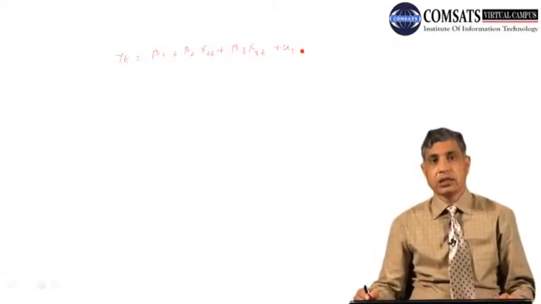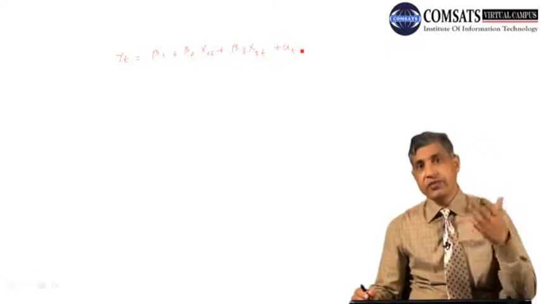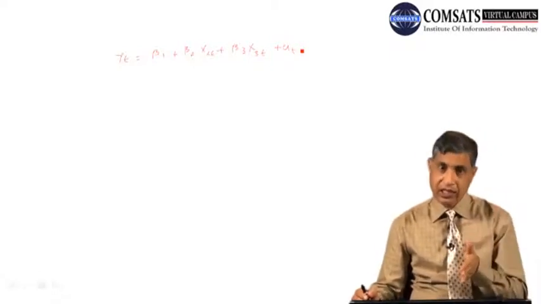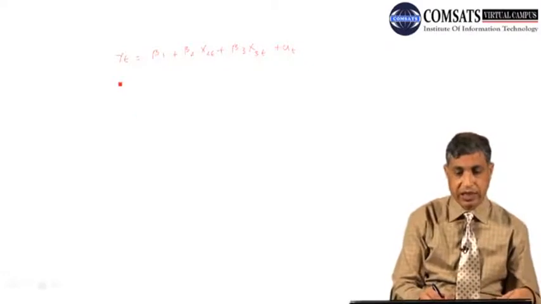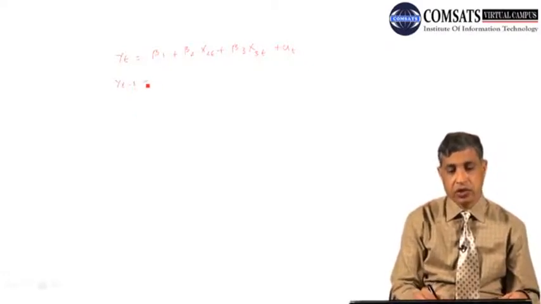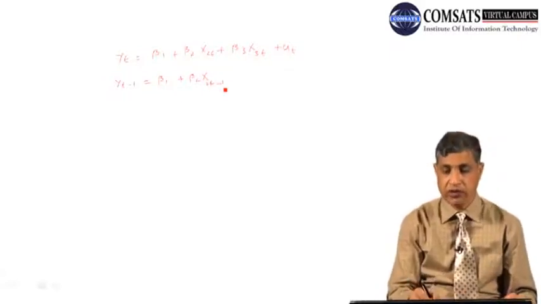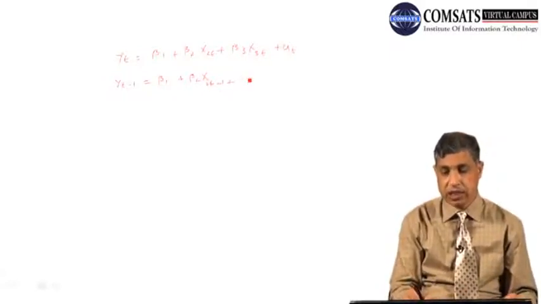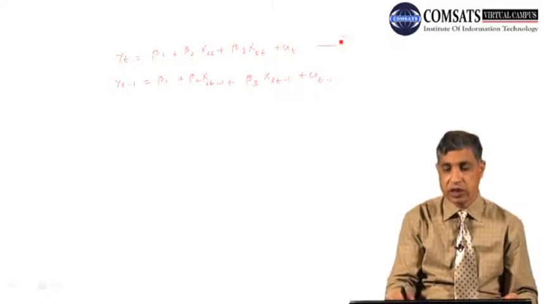What I say is that you take a previous value rather than the current value, and write Yt-1 = beta1 + beta2 X2,t-1 + beta3 X3,t-1 + ut-1. This is the first equation.